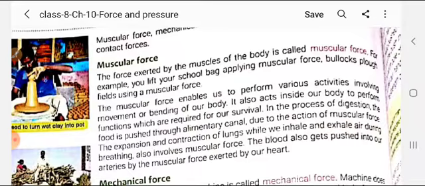सेम वे, a bullock pulls a plow in the field. Here also the bullock is applying a muscular force.